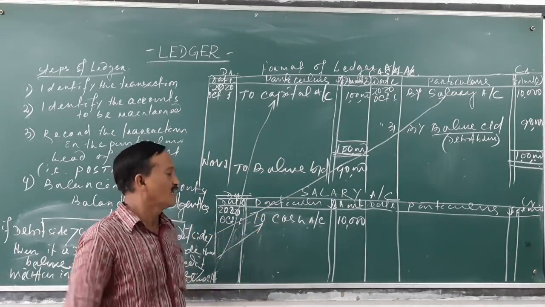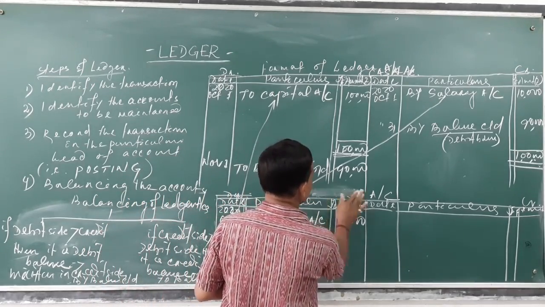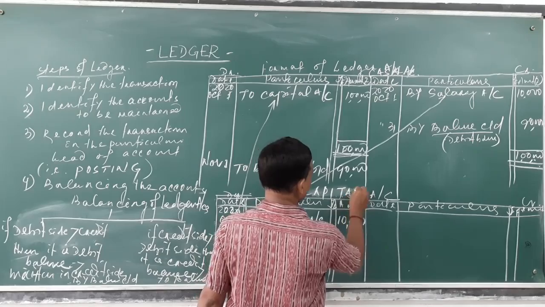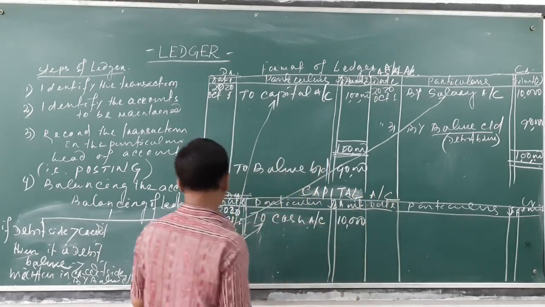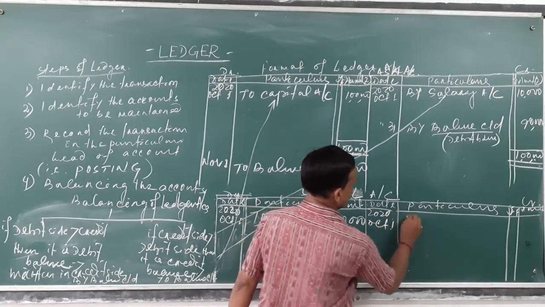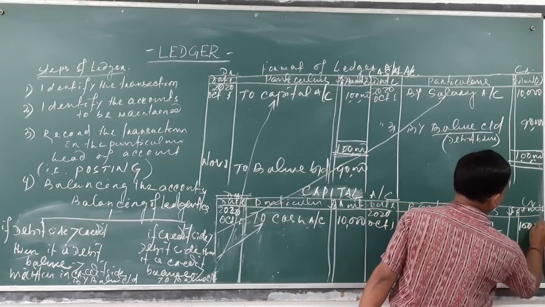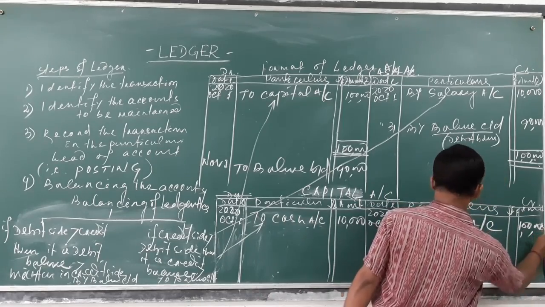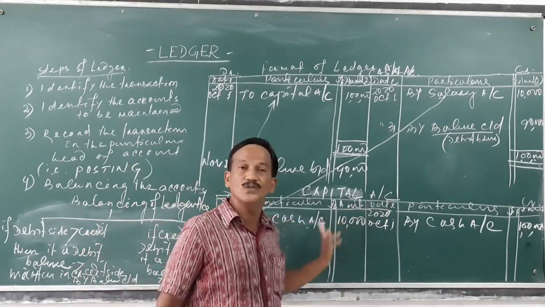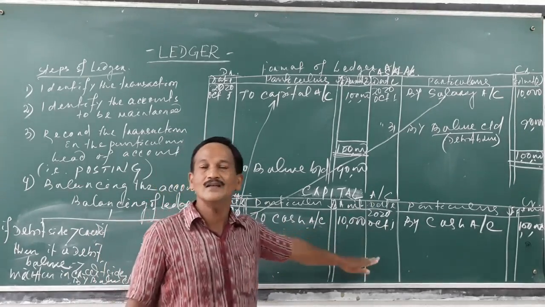Likewise, take the capital account. On 2020 October 1st, by cash account, 1 lakh rupees. Suppose there is also capital withdrawn, to cash account, 10,000 rupees. Then we will make the balance.